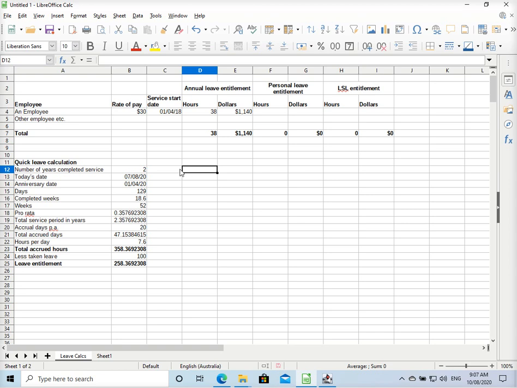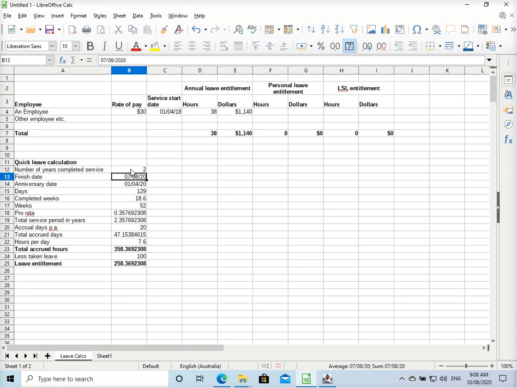So this is the example I've done. Let's say this employee started on the 1st of April 2018, and let's say the finish date is the 7th of August 2020, which is last Friday.